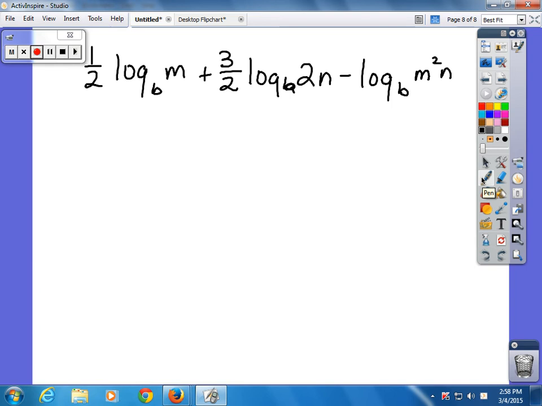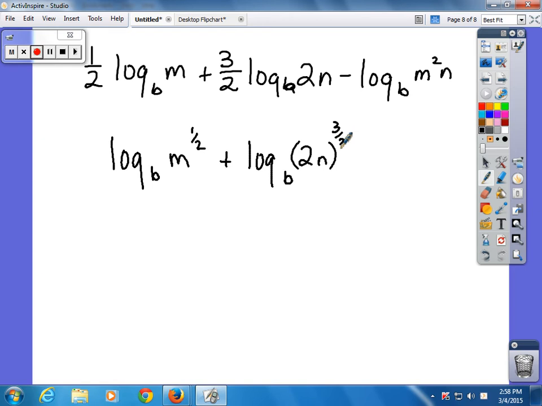So you're going to have to move the coefficients out of the way. That 1/2 is going to have to go somewhere. So log base B of m to the 1/2 plus log base B of 2n to the 3/2 minus log base B of m squared n.